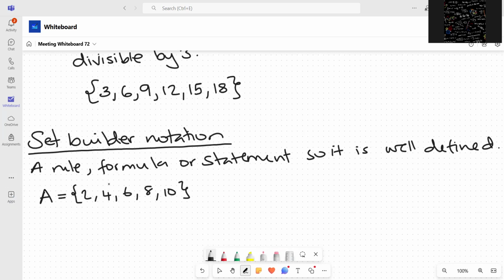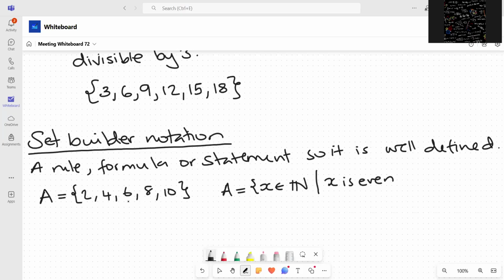This is obviously in roster form because we have just listed the individual elements. Now we want to write this in set builder notation. In set builder notation, we would say X is an element of N. It doesn't actually matter what you call the elements, whether I use small a here or X. I could just as well use a. It doesn't actually matter. So it has elements X or even a, which are natural numbers, such that X is even.